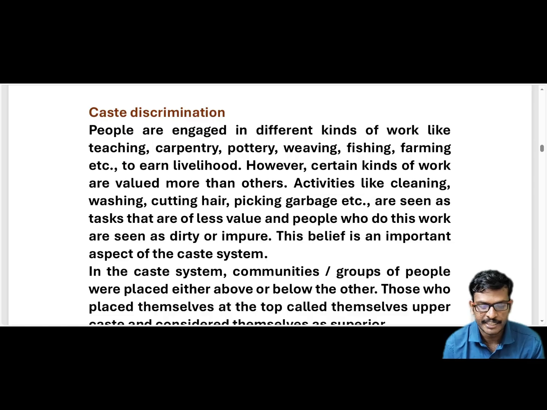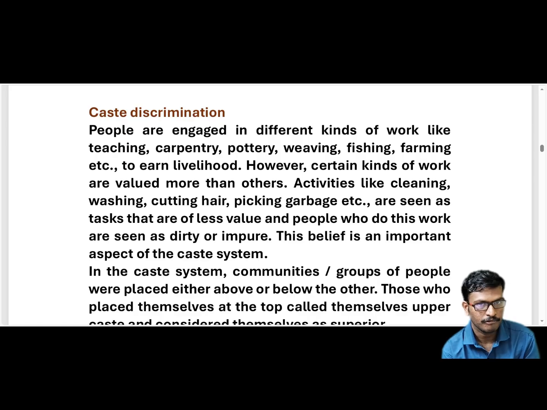This belief is an important aspect of the caste system. In the caste system, communities or groups of people were placed either above or below others. I will give one example, then we will be able to understand. Among Hindus, for example, they are divided into Brahmins, Kshatriyas, Vaishyas and Sudras, classified in the Varna system.